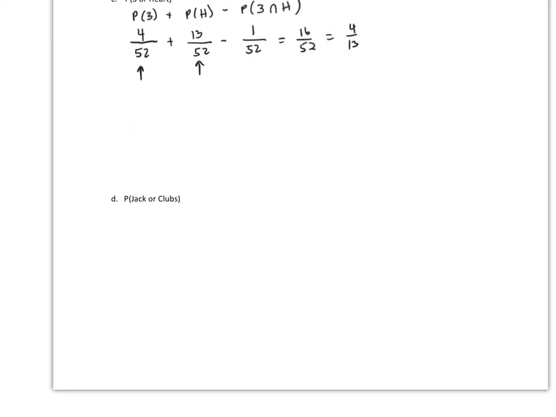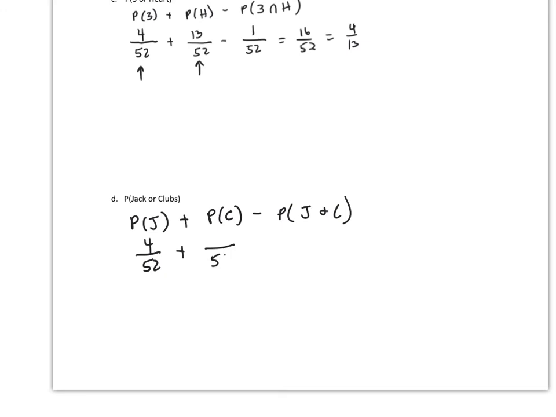Jack or clubs. Jack or club. That's a probability of a jack plus the probability of a club minus the probability of jack and club. Probability of a jack, 52 there. There's 4 of them in there. Plus probability of a club.